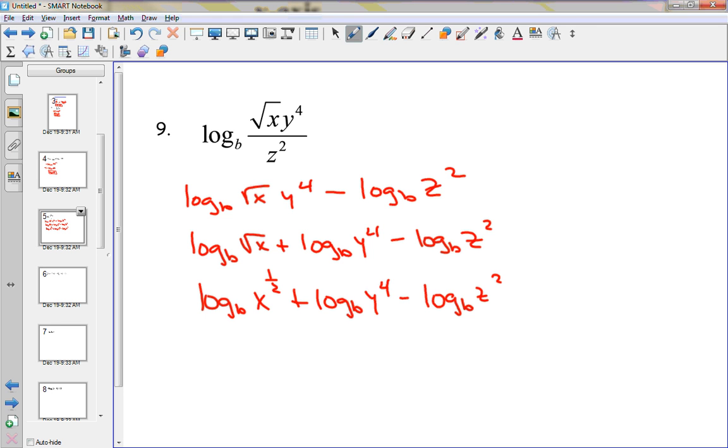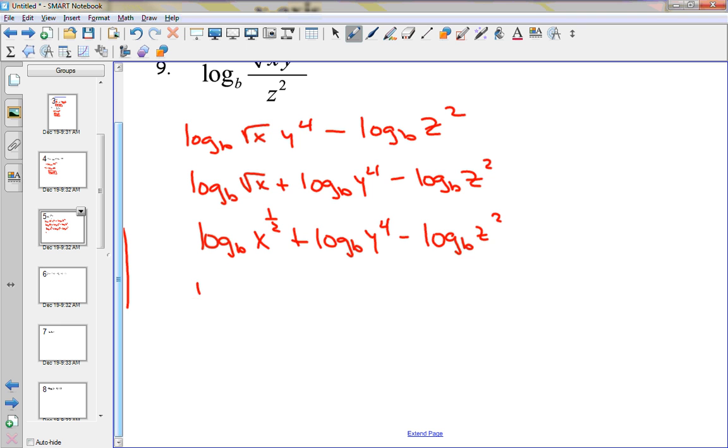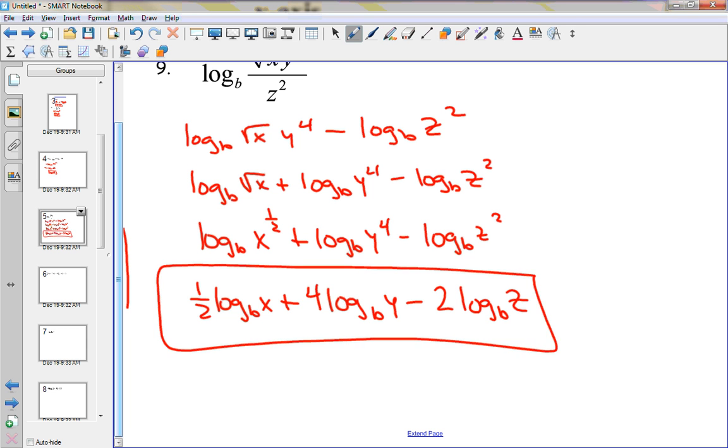Now what do you want to do? Bring all of the exponents out in front of the log. So that's going to give me 1/2 log base b of x plus 4 log base b of y minus 2 log base b of z. That is 100% expanded. Do we understand that?